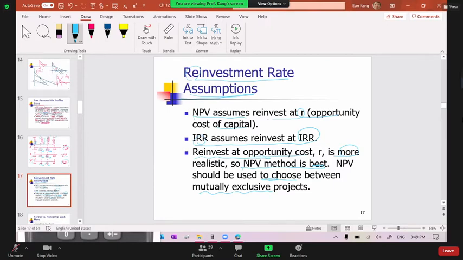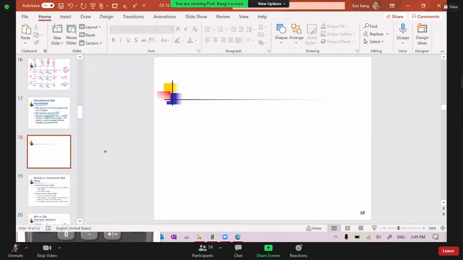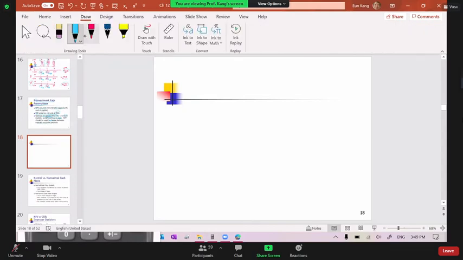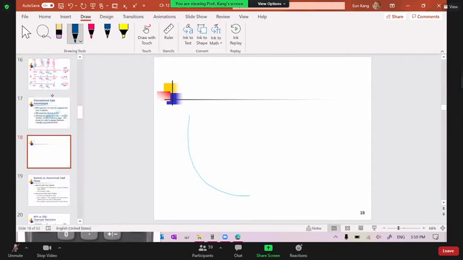Then why should the reinvestment rate be R, or opportunity cost? To understand that one, you have to understand the nature of your finance. For example, like this is your company's vault.